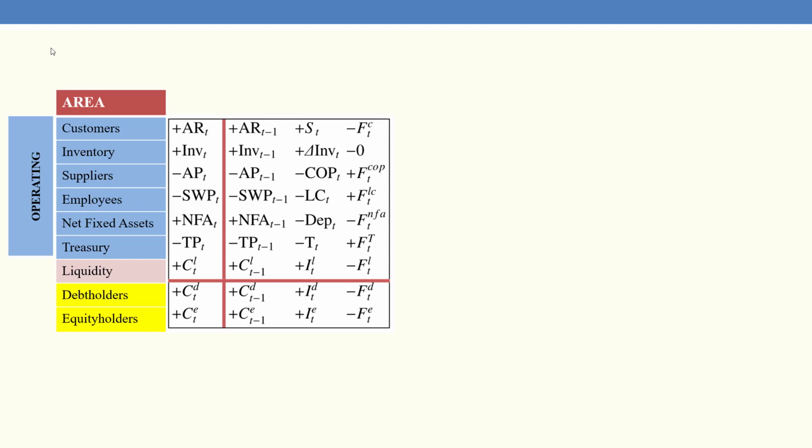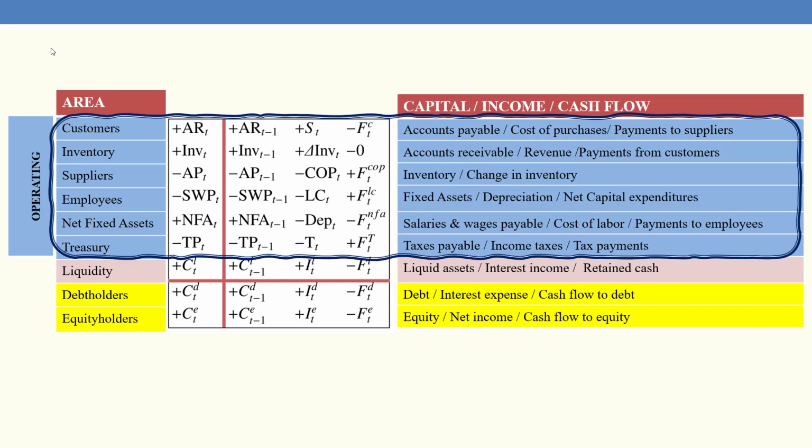Then we have the inventory and the fixed assets, property, plant, and equipment. Each class brings about its own capital component, income component, and cash flow component. The law of motion holds for each and every class.